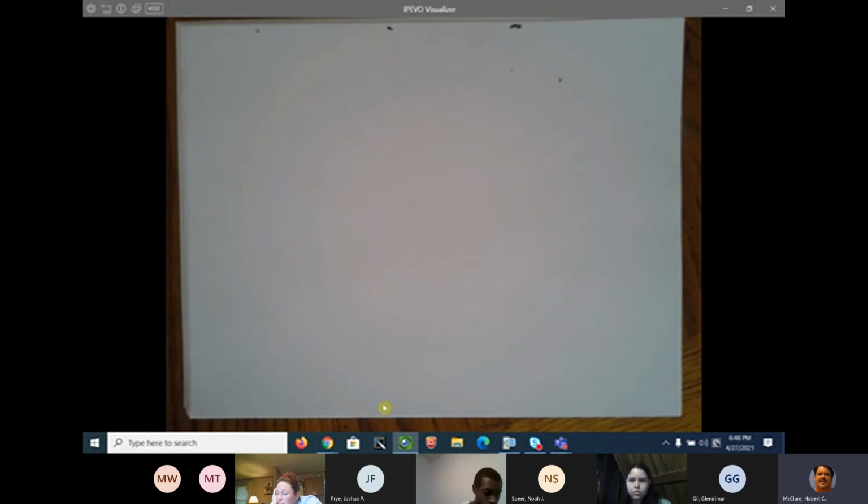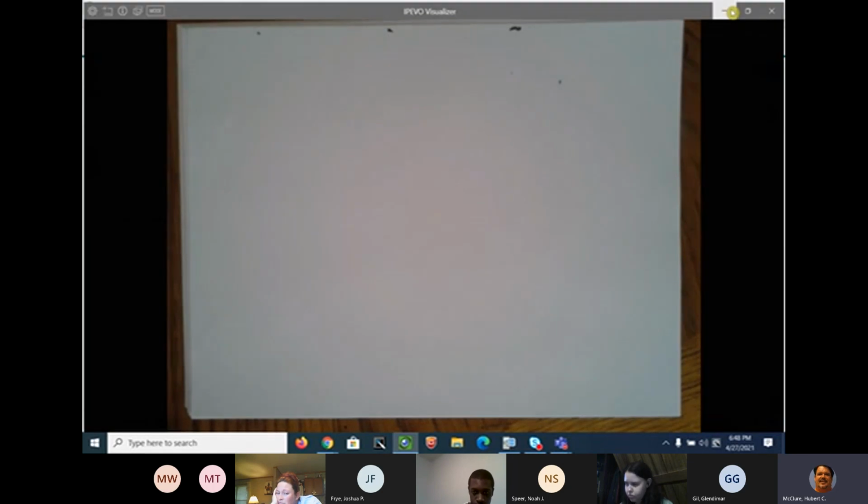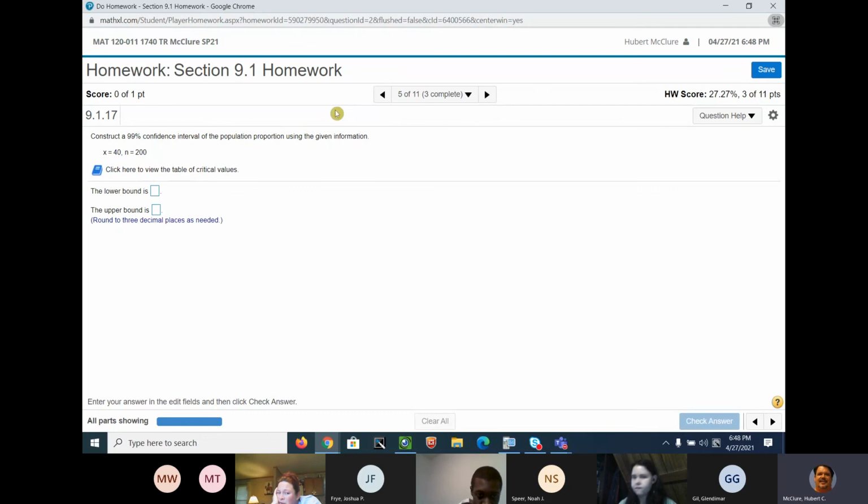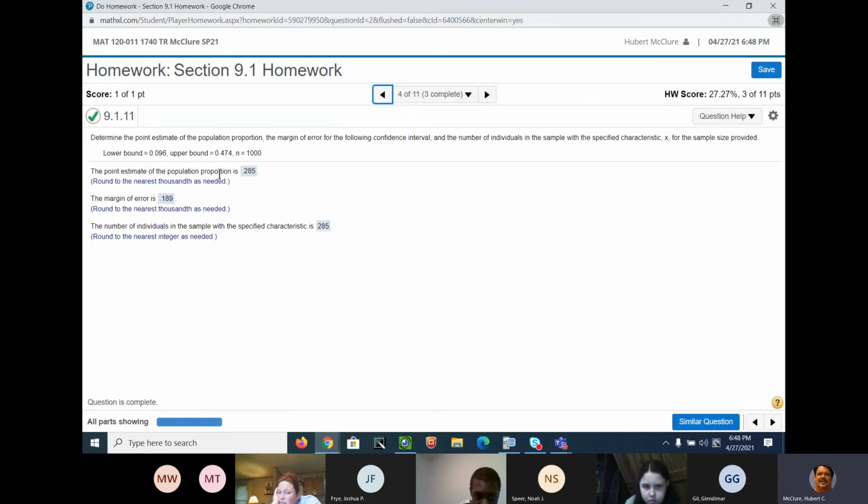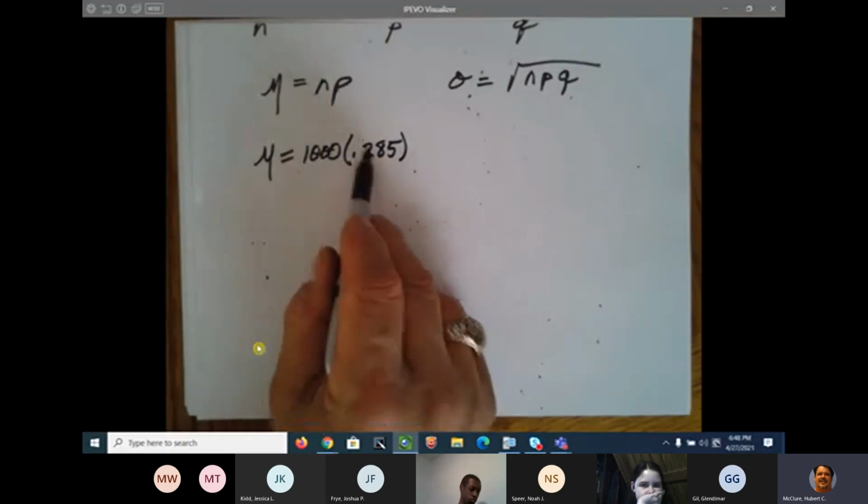Okay, now, what is this right here? Somebody tell me what this is. The point estimate, that's p. And what's this? n. So 1,000 times 0.285. In other words, have you done this before? Yes, you've done it before. You've taken 1,000, which is n, and multiplied it times p.